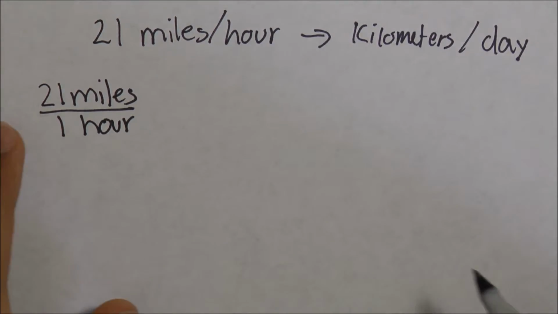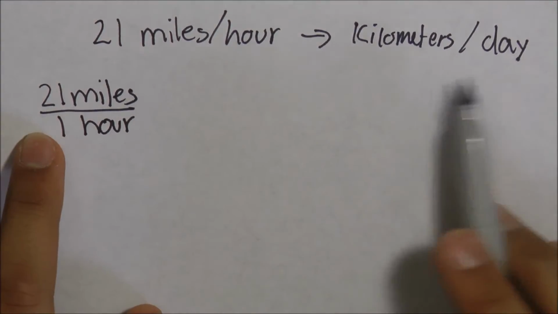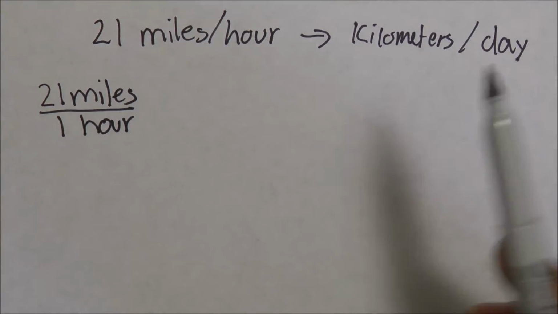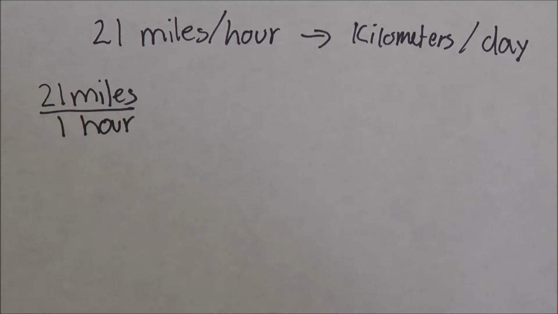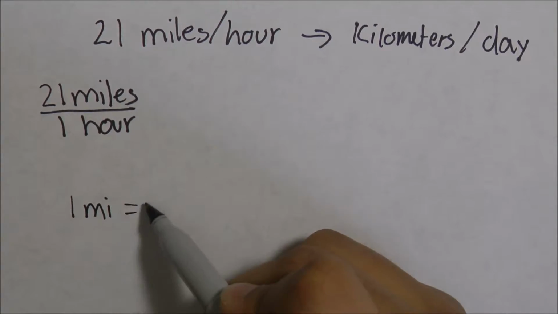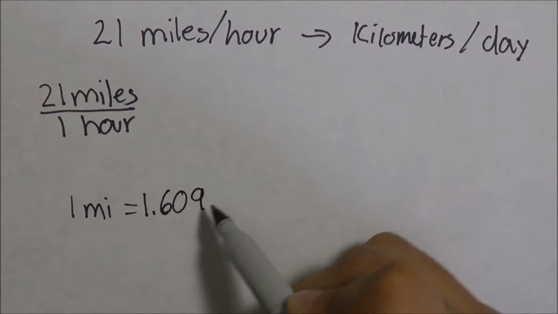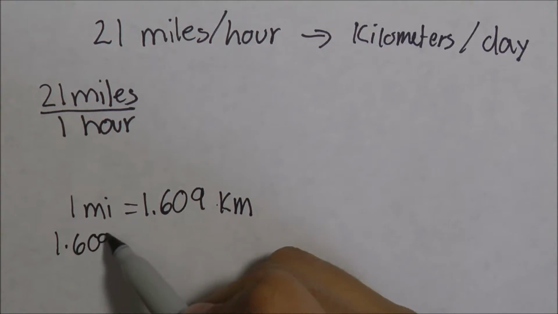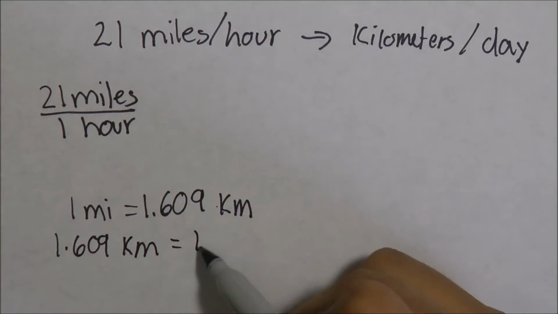So, you want to change this into kilometers per day. Start with one thing. Let's change miles to kilometers. There are 2 conversion factors for every change in unit. 1 mile is equal to 1.609 kilometers, and 1.609 kilometers is equal to 1 mile.